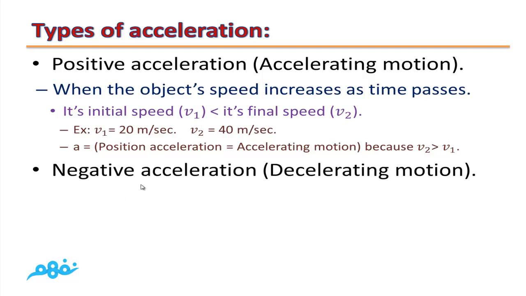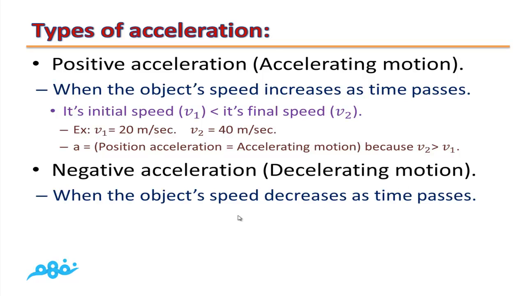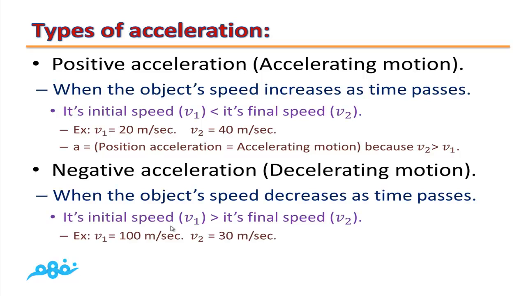The second type of acceleration is negative acceleration or decelerating motion. This type of acceleration occurs when the object's speed decreases as time passes. This happens when its initial speed, V1, is more than its final speed, V2, or when its final speed is less than its initial speed.